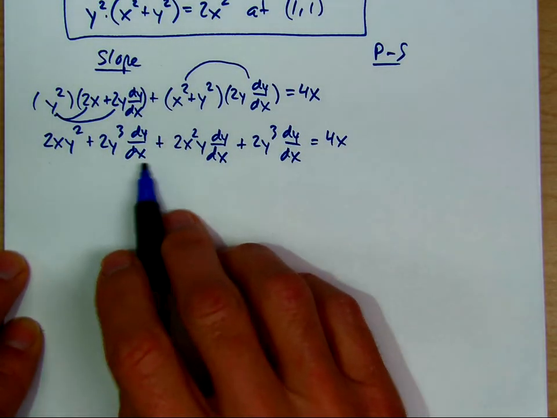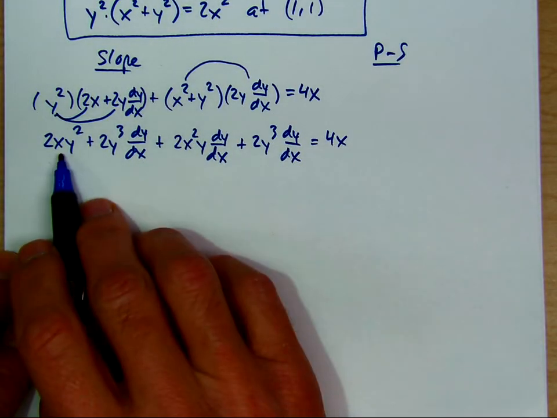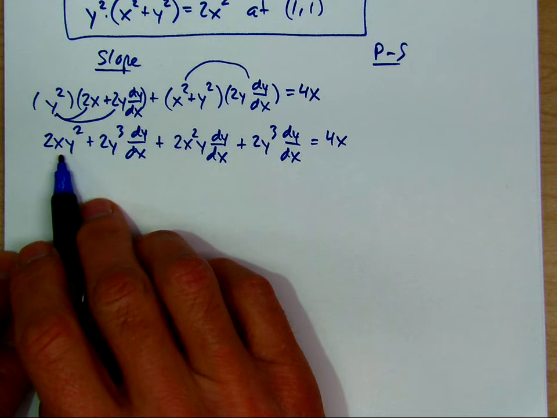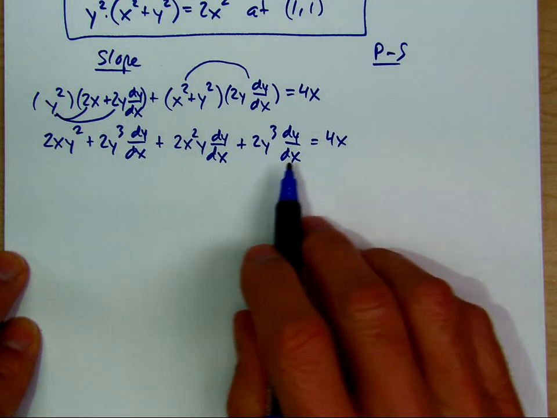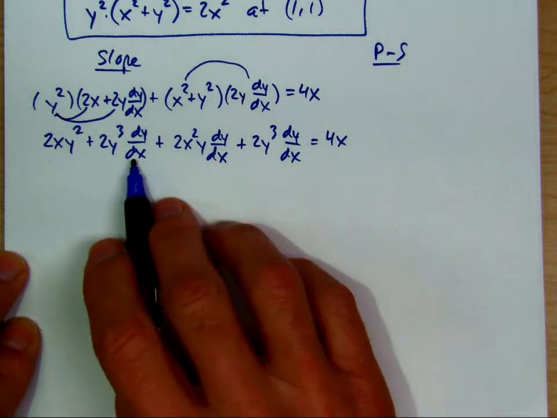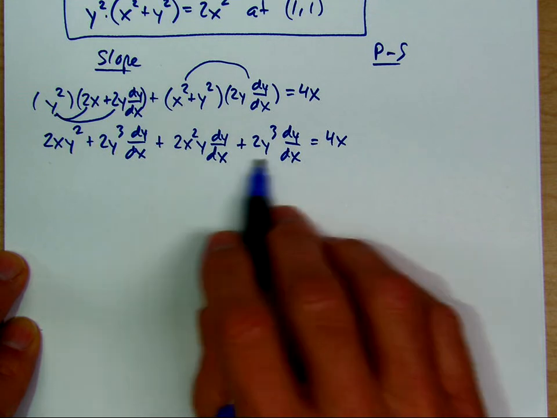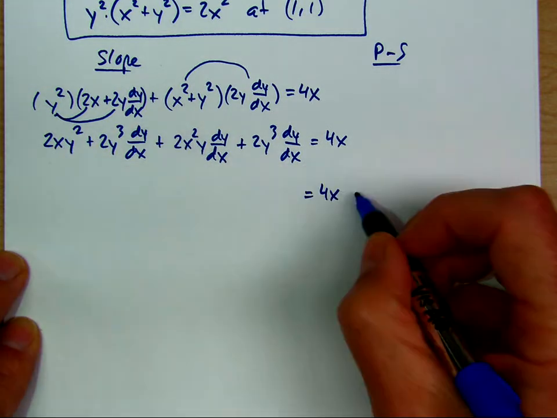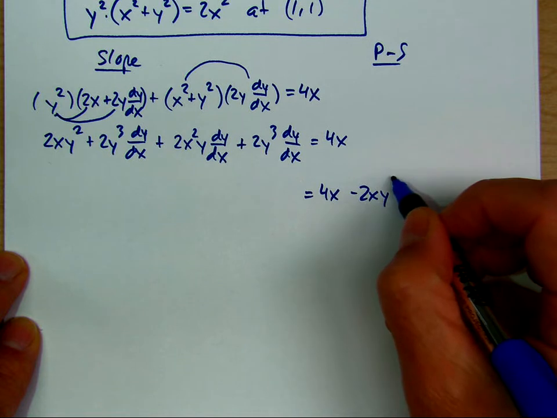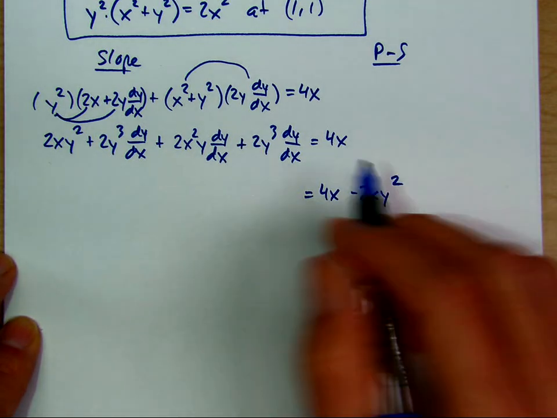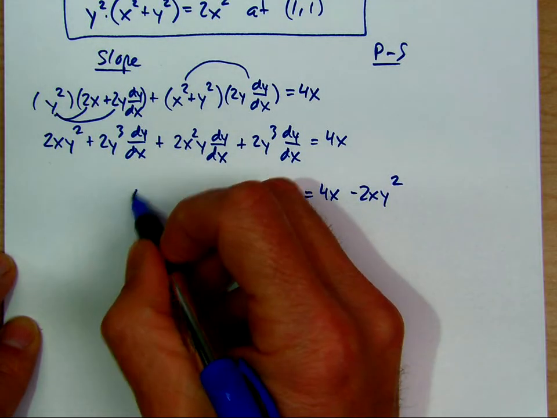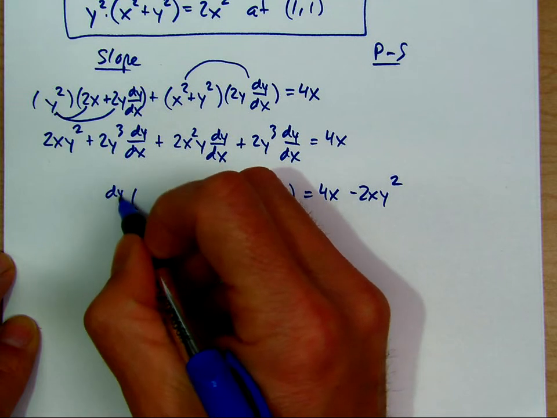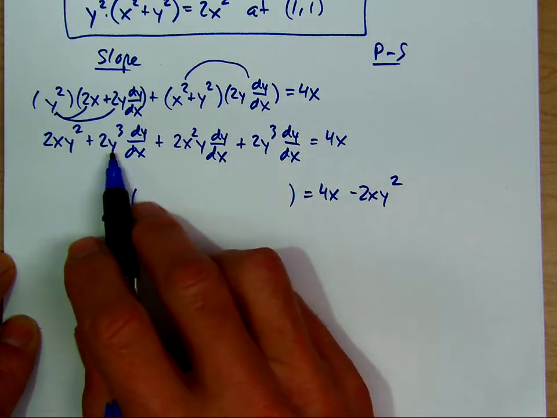Now we have dy/dx, and we can just subtract that because it doesn't have a dy/dx, subtract it to that side. At the same time, let's factor dy/dx out of all of these. So we have 4x minus this, and then I'll rewrite this with the dy/dx out in front, and then everything else just copied.